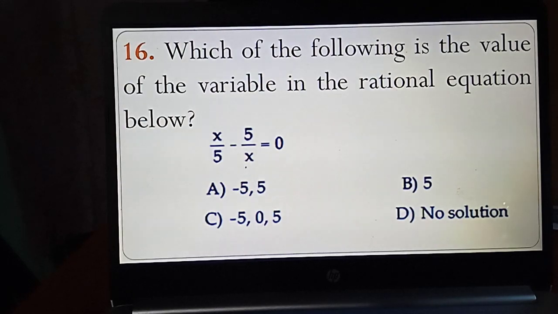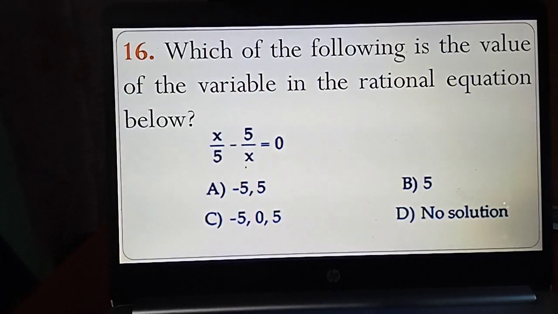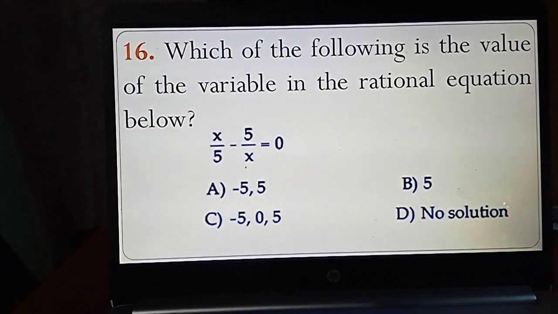So it should be x squared minus 25 over 5x. But 5x cross multiplied to 0, we have equals 0. So x squared minus 25 equals 0. Transpose negative 25. So that is x squared equals 25.